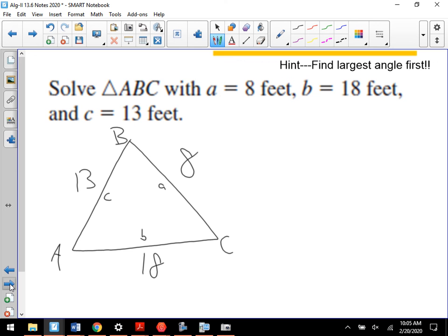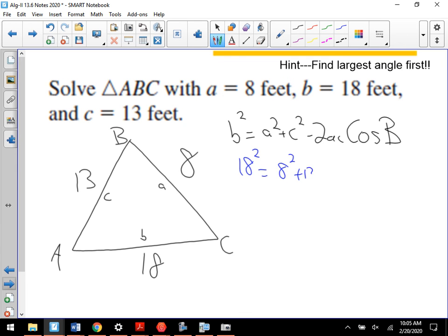Okay. So now that angle B has to go, so I would have my, once again, B squared is A squared plus C squared minus 2AC cosine B. When you think about this, you've got 18 squared equals 8 squared plus 13 squared minus 2 times 8 times 13 cosine B. These are addition parts, right?